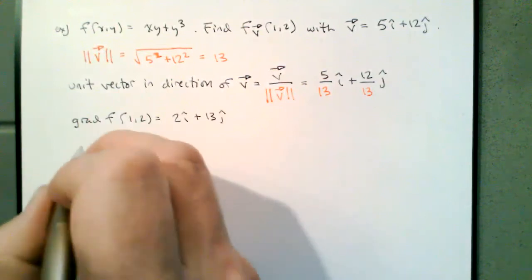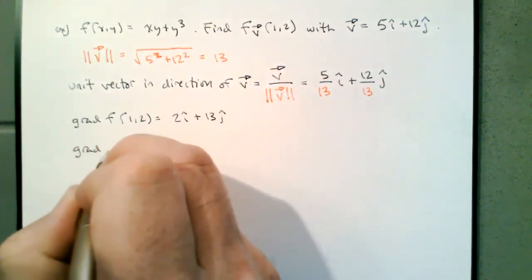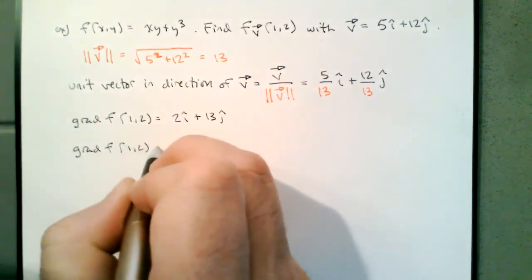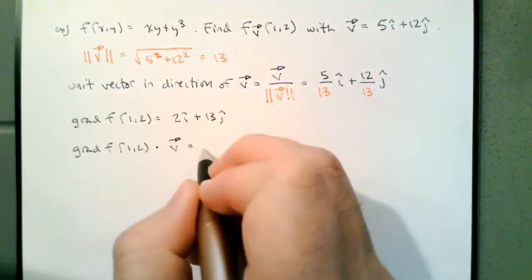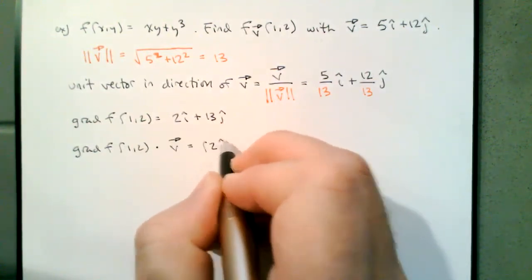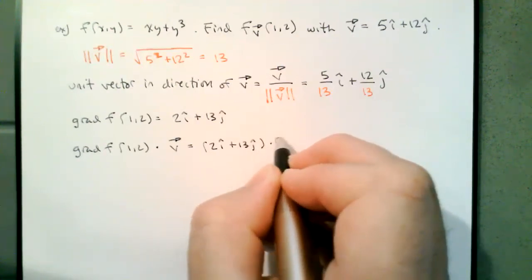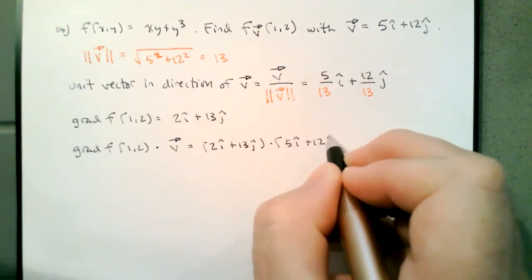If I calculate the gradient of f at 1, 2 and take the dot product with the vector v, I'll have 2i plus 13j dot 5i plus 12j.